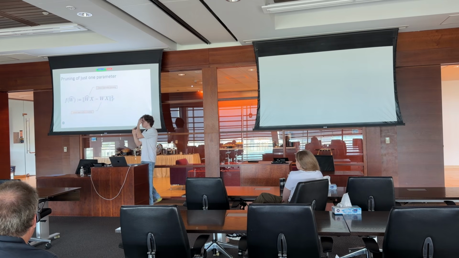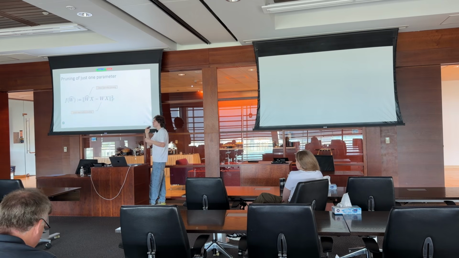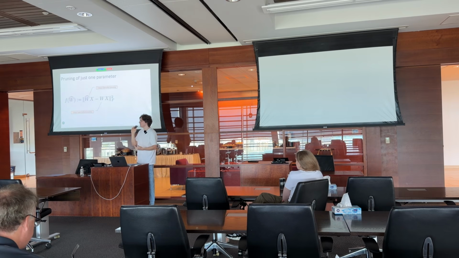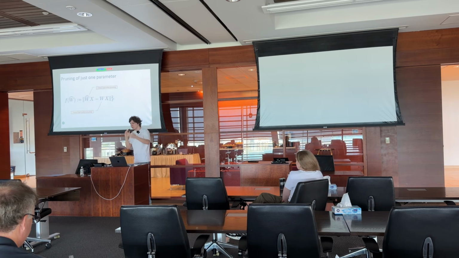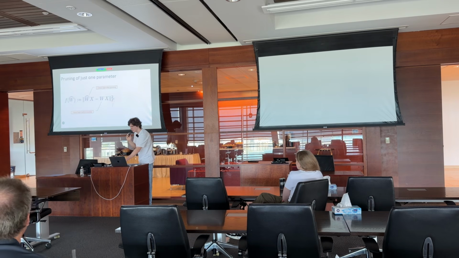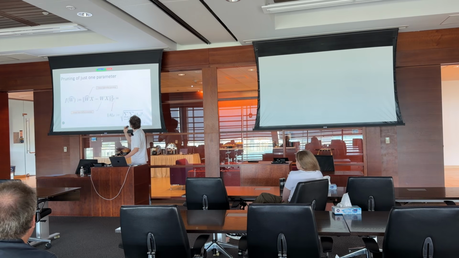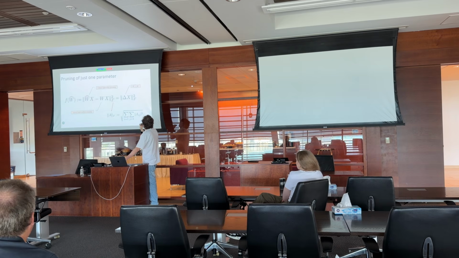This loss tries to make the output of the linear layer as close as possible to the output of the linear layer before pruning. The Frobenius norm here is just the sum of all entries of the matrix squared. And we can rewrite this loss in the following way, where delta is just the difference of weights before and after pruning. So that's the loss we want to minimize.